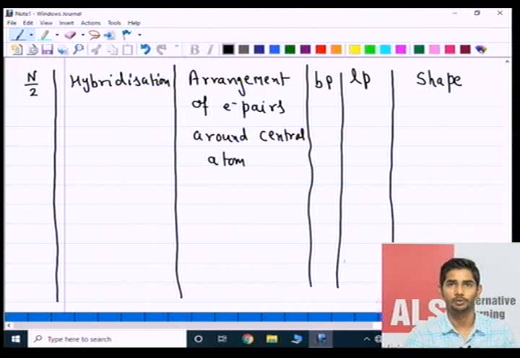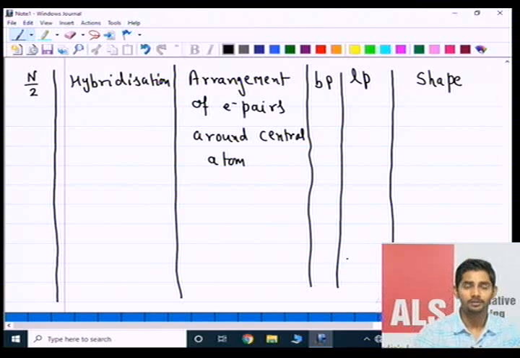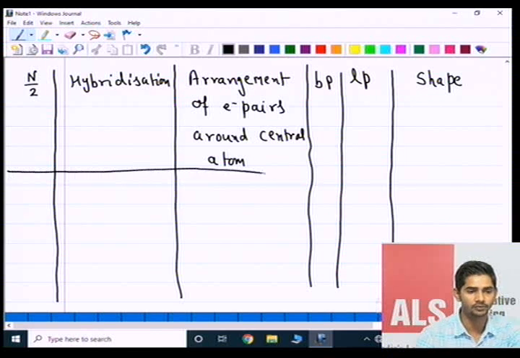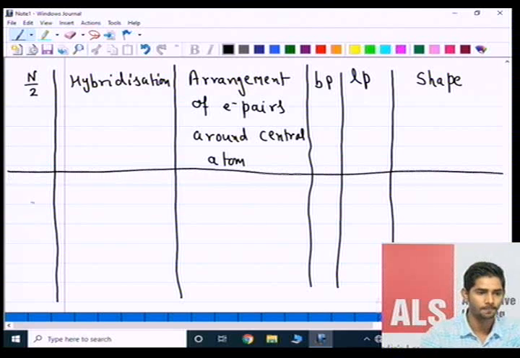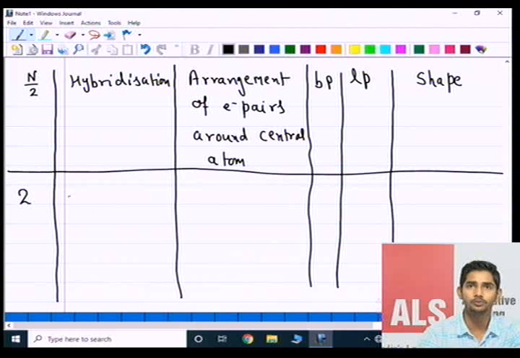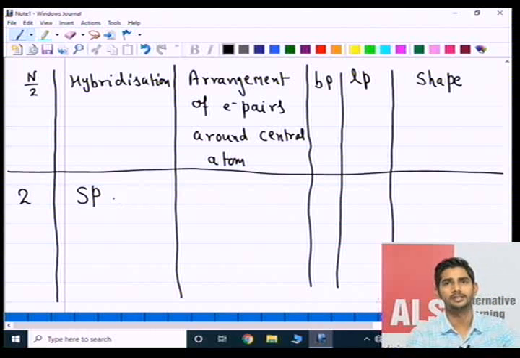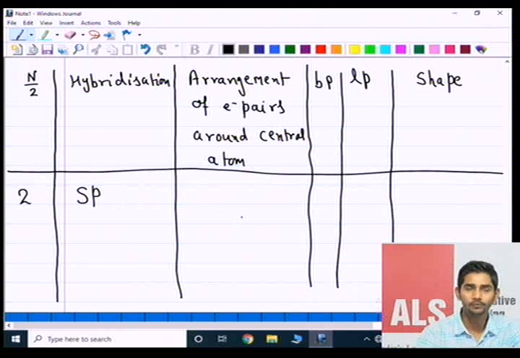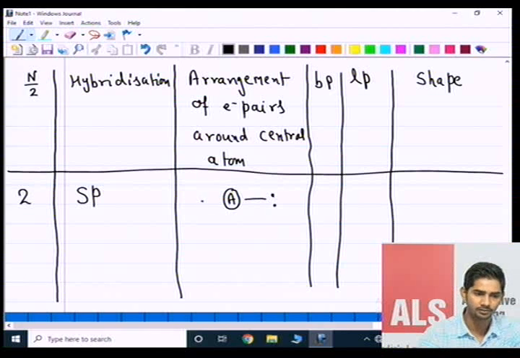Guys, the columns of shape and arrangement of electron pairs around the central atom should be as wide as possible. First of all, let me draw one for you. After that, you will start copying. Look at this. For example, I say n by 2 is 2. Hybridization is sp. Arrangement of electron pairs will look like this. This is your central atom. These are the electron pairs.